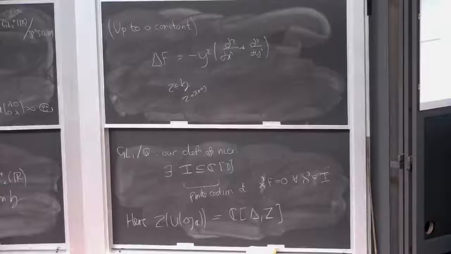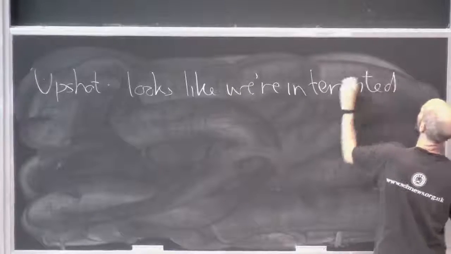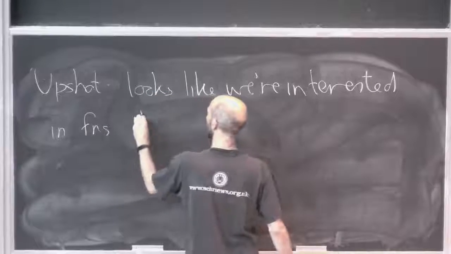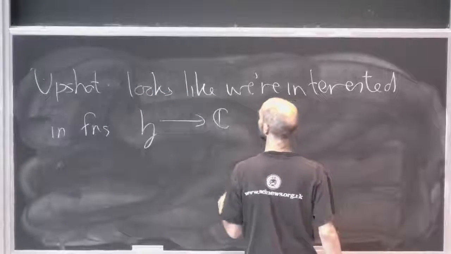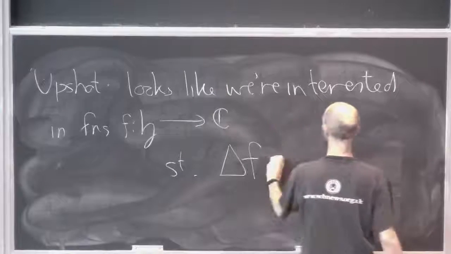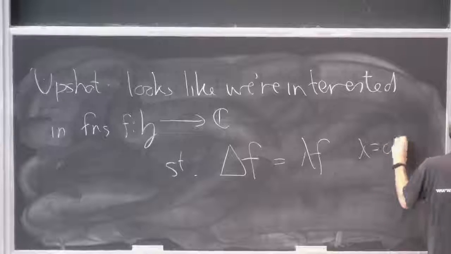So the upshot here: it looks like we're interested in functions on the upper half plane to the complexes. So this is called f, such that triangle times f is some constant times f, lambda some constant.